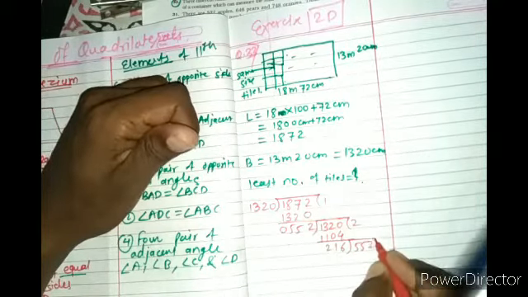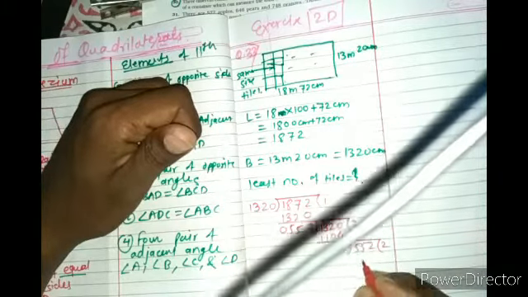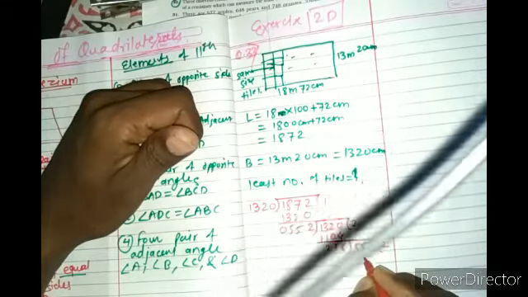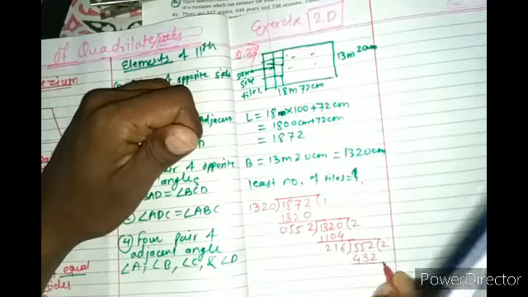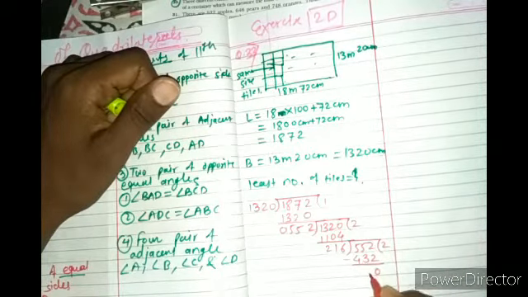Now again double of 216 we will take to subtract, so it would be 432, right? Subtract, remainder 120.